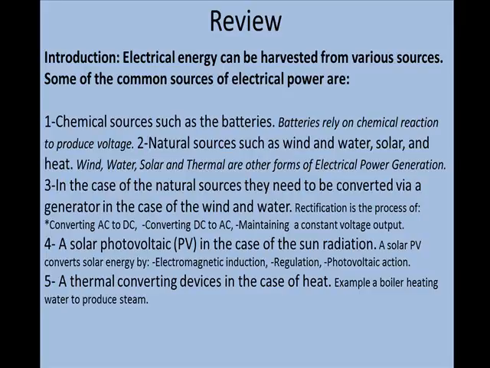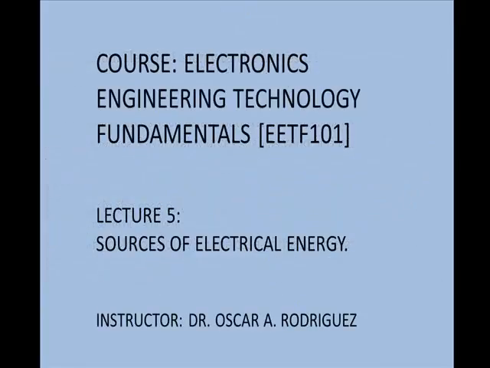And finally, we talk about thermal converting devices. An example of that is a boiler heating water to produce steam. That's another form of thermal conversion of energy or harvesting of energy, all right? So that's what we have studied so far today. And once again, this is sources of electrical energy. A very simple lecture, but something important before we dive into a little more regarding this circuit.